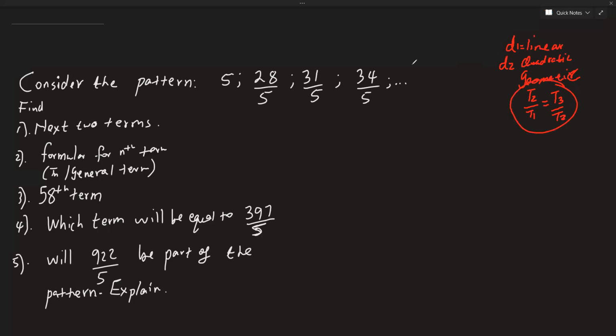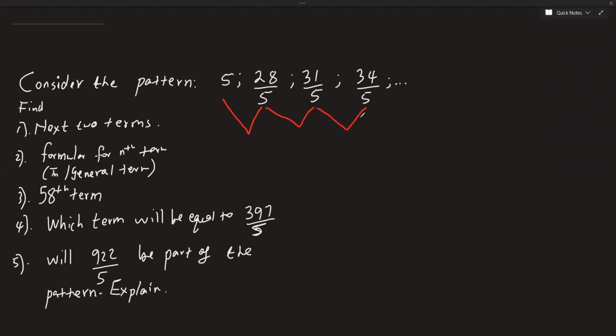Perfect. Let me just erase here to create space. So I'm going to check if it's linear now. To check linear, I have to subtract them.